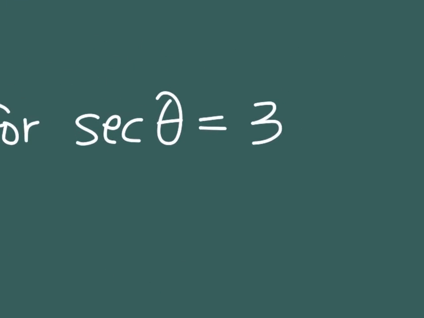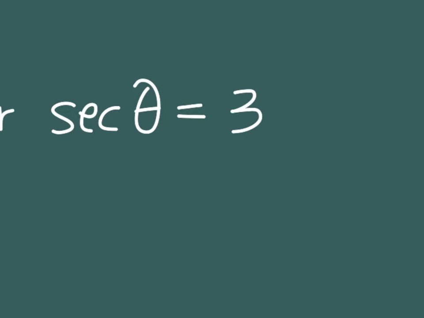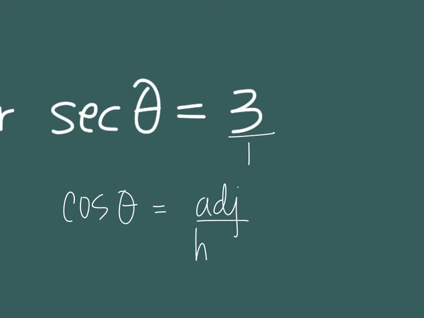All right. This secant theta equals 3 gives me clues, kind of like sine theta of 3/7 gave me last time. Remember that 3 is over 1. Secant is the reciprocal of cosine. We know that cosine is adjacent over hypotenuse.